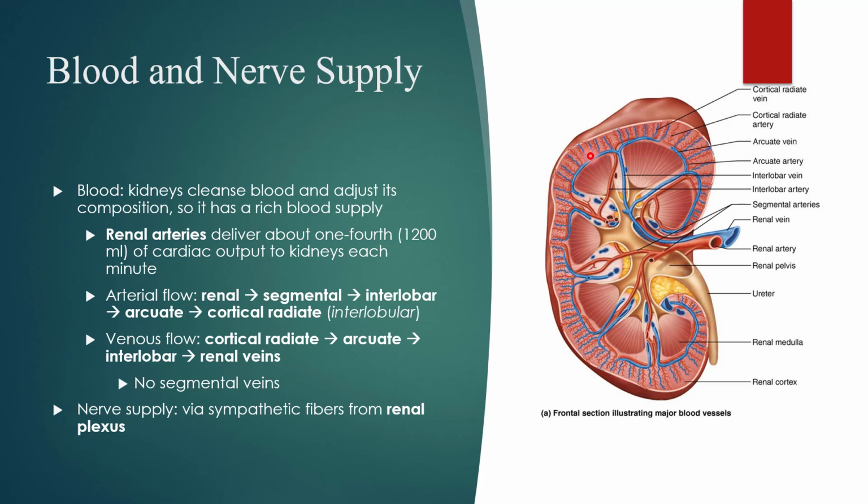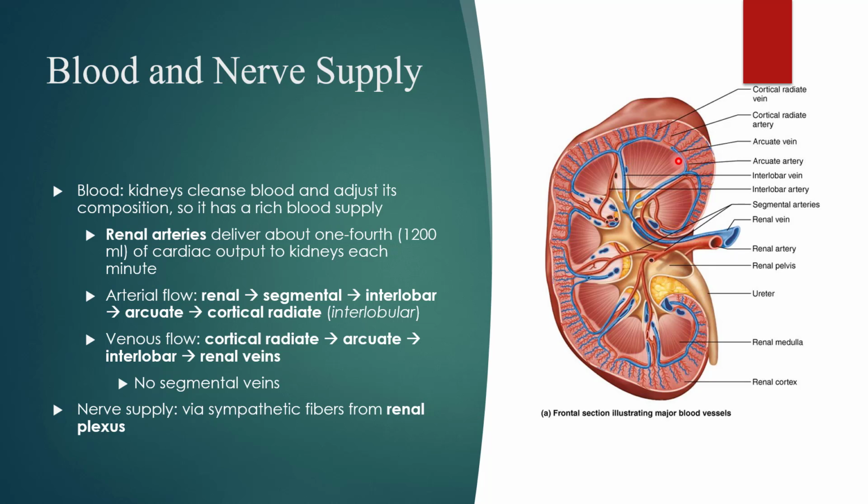From the arcuates, blood flows into the interlobular, or the radiating arteries, and then into the afferent arterioles and into the glomerulus. Once it has been filtered from the glomerulus, it goes back through the peritubular vessels into the cortical radiates, into the arcuates.